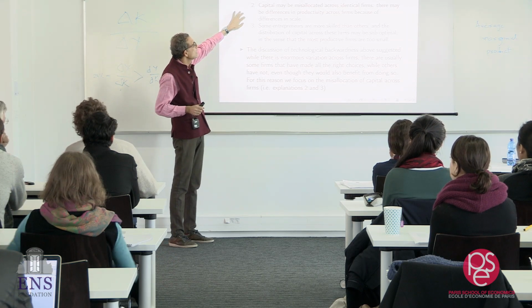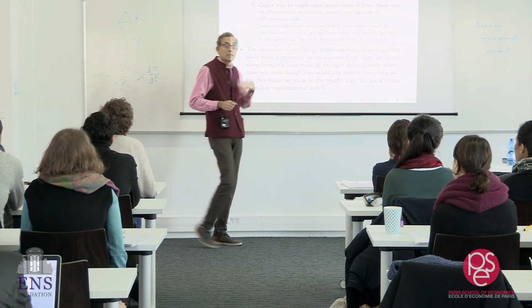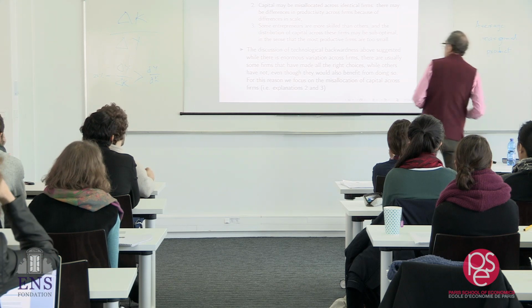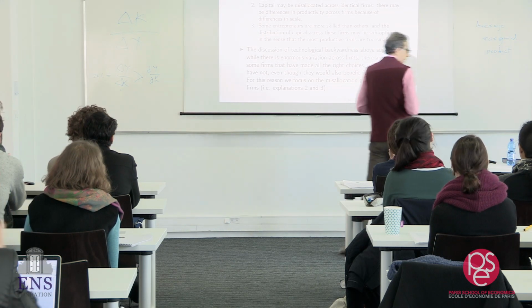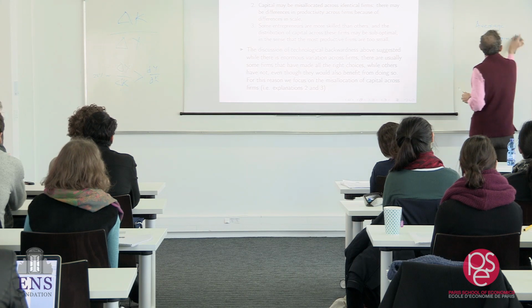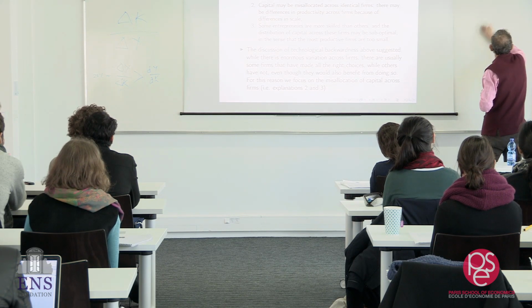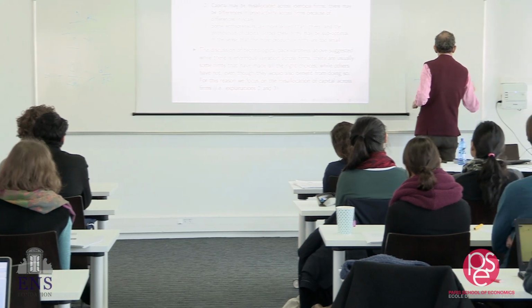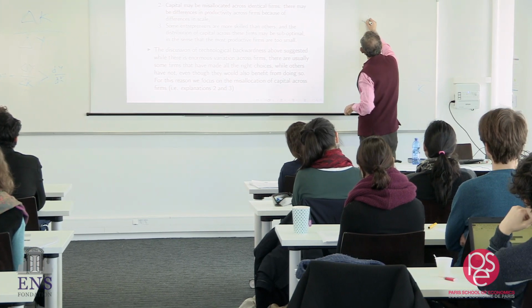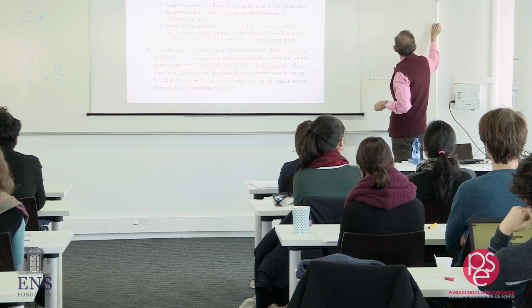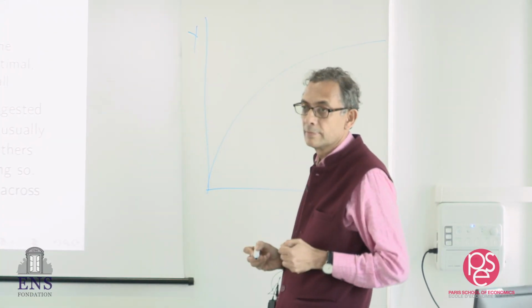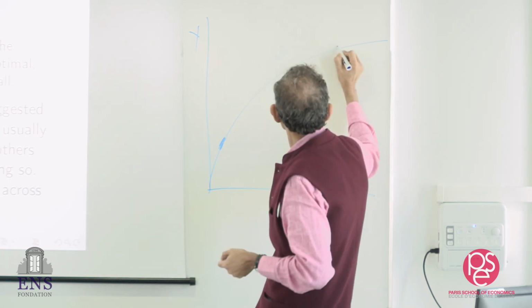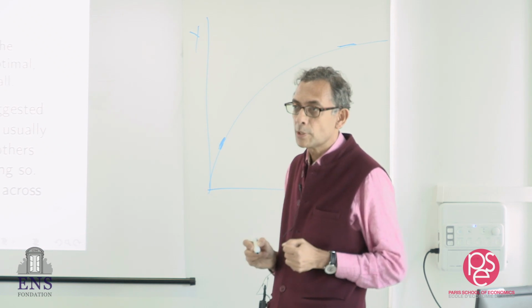Then it might be that within the class of firms that are still optimizing, two things could happen. One is, I'm going to draw a production function here. First possibility: here's a production function with K and Y, and some firms are here, with high marginal product, and some firms are here, with low marginal product.